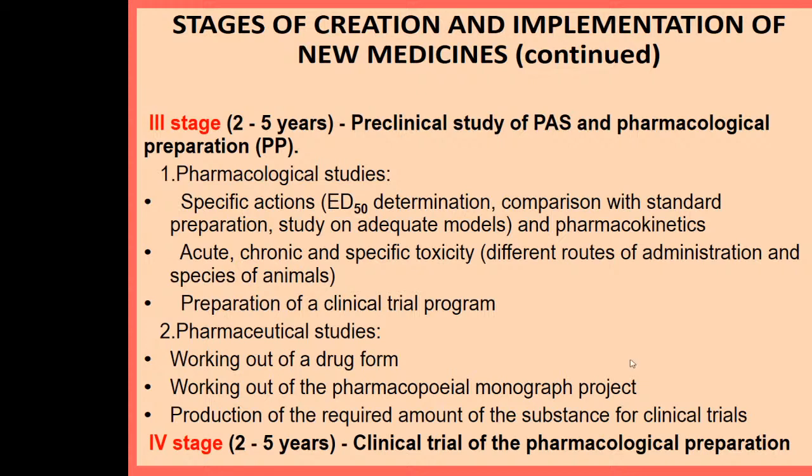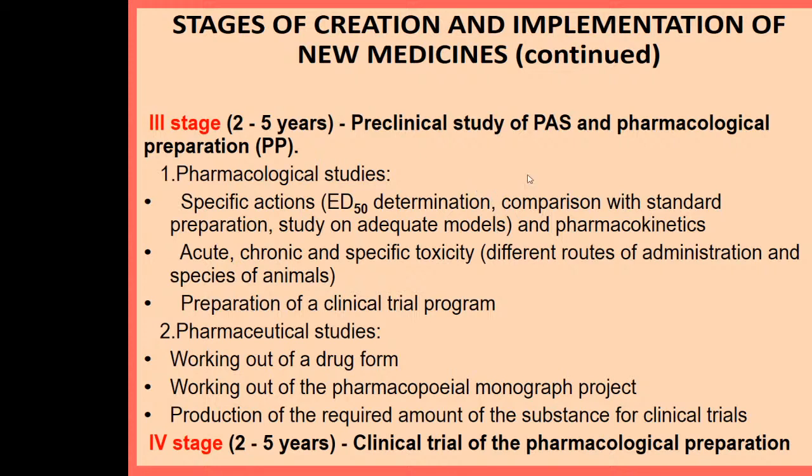Within specific actions, we study ED50, effective dose 50, and LD50, dosis letalis, causing the death in 50% of animals. This dose causes a positive effect in 50%, and shows us the principal activity of the drug.